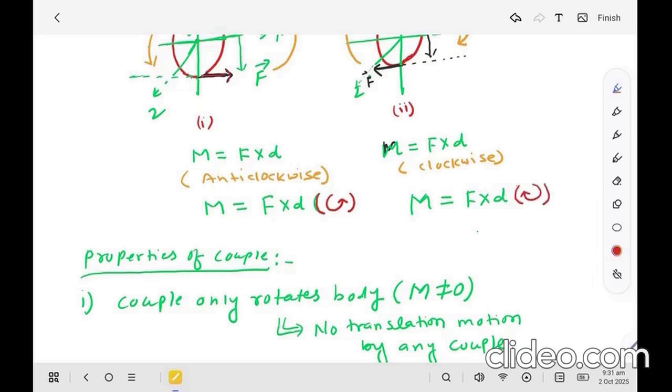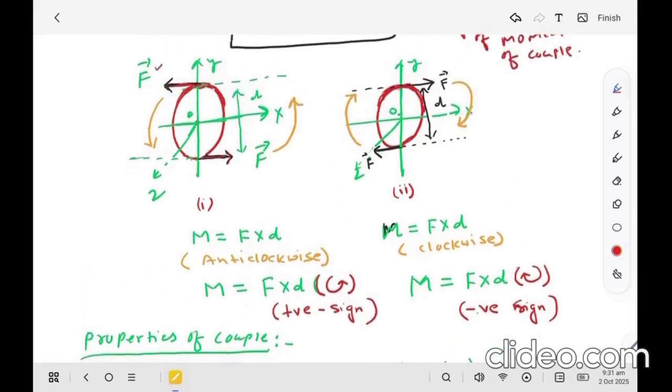So for the anti-clockwise we consider the positive sign, and for the clockwise direction we consider the negative sign. So whenever the moment of a couple is in the anti-clockwise direction, we consider the positive sign, and if it is in the clockwise direction, we use the negative sign.